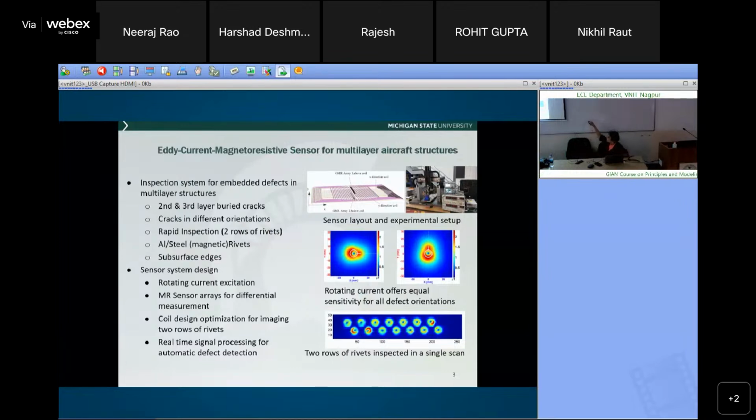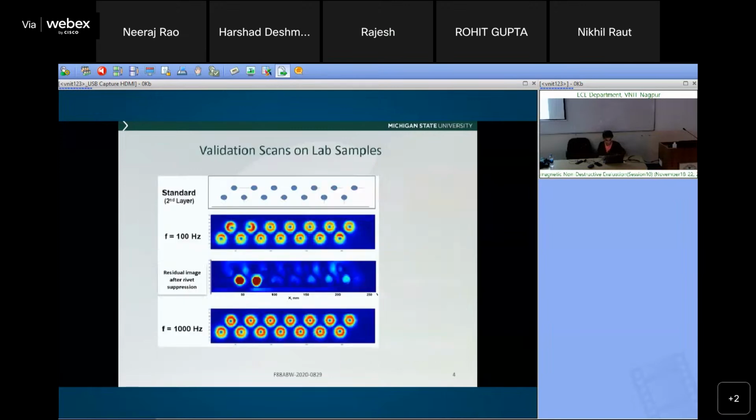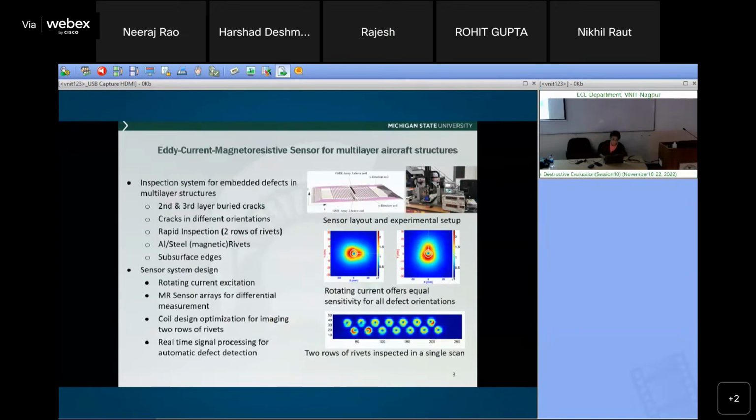What you have here is an actual aircraft part that Boeing brought. The signal you're seeing here is from a calibration sample, and these are experimental results from 2 rows of rivets.